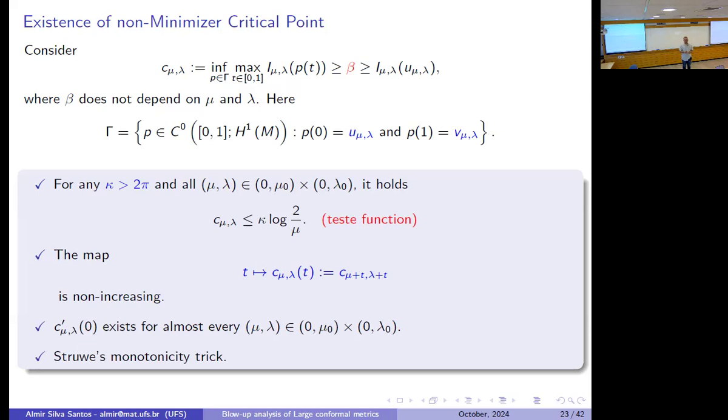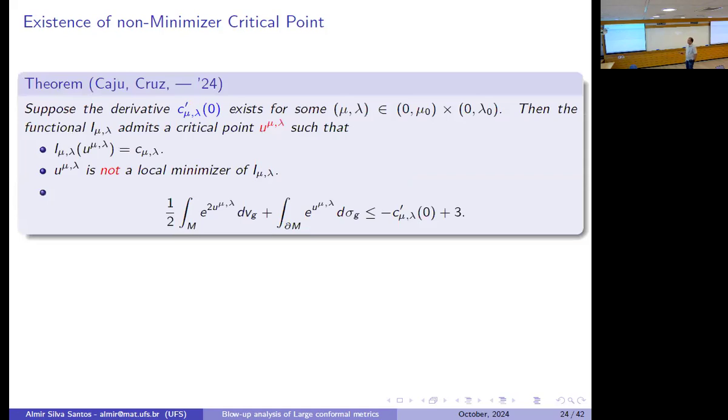You want to analyze what is happening when the parameter goes to 0. Since this function here is not increasing, the derivative of this function exists for almost every parameter. And then what you will have here is the existence of some critical point which is not a local minimizer of the function.